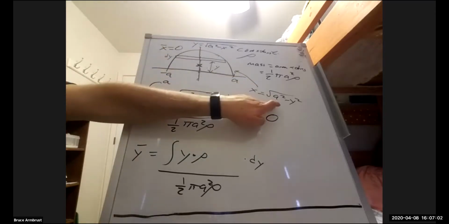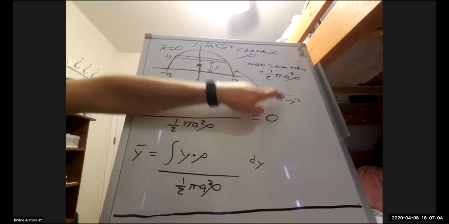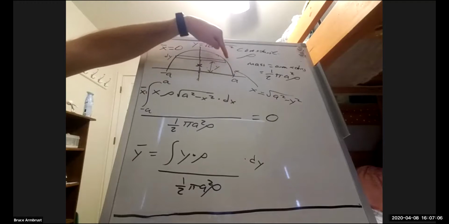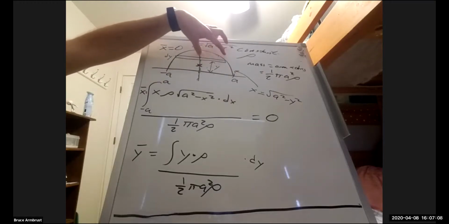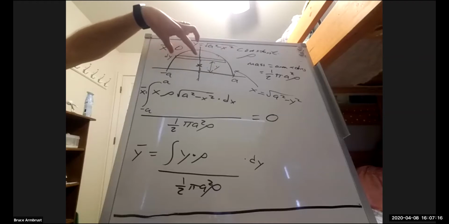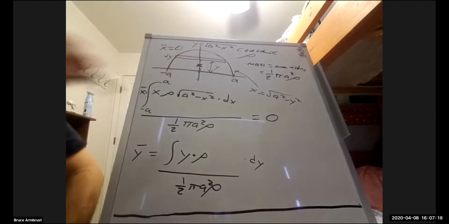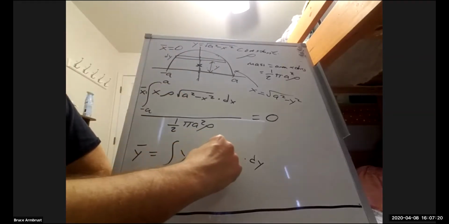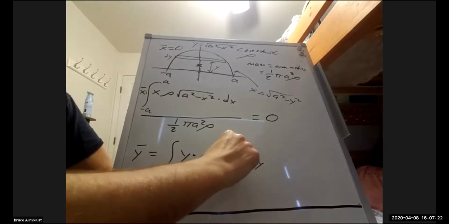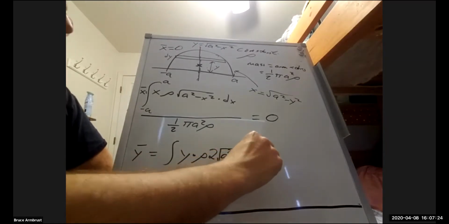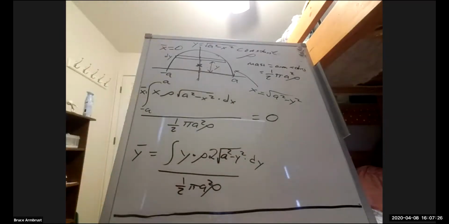But this isn't going to be the height, because that's only this right-hand side. So the square root of a squared minus y squared is only this part of the strip. In order to get the whole thing, I've got to double it. So I'm actually going to get here 2 square root of a squared minus y squared.